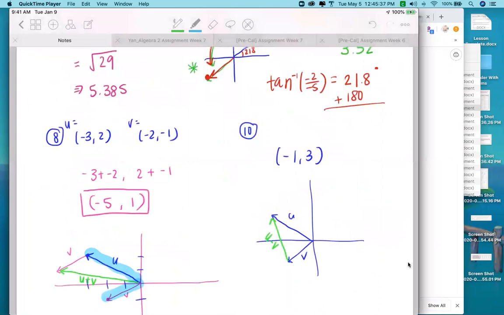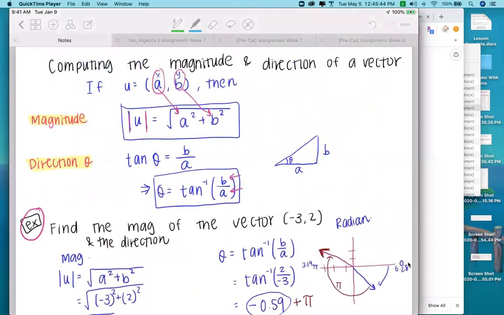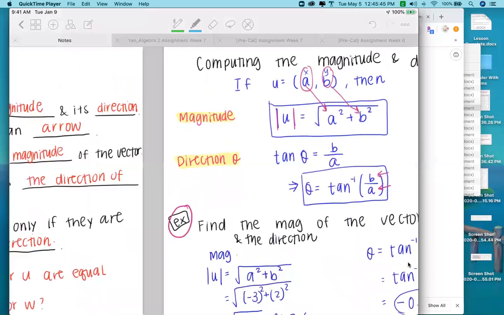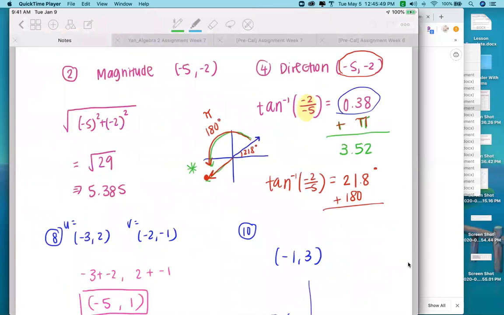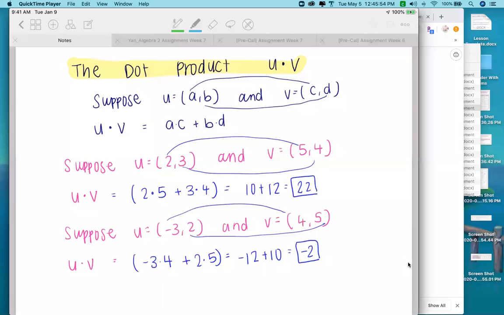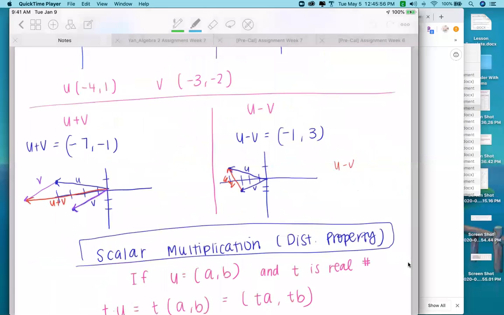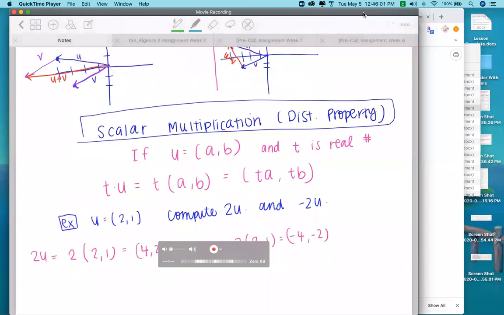Okay, before I go over the number, let me finish going over the notes. So I finished vector addition and subtraction. Now we're going to get into multiplication. There are two types of multiplication in vectors.